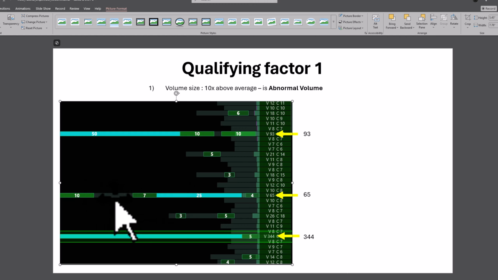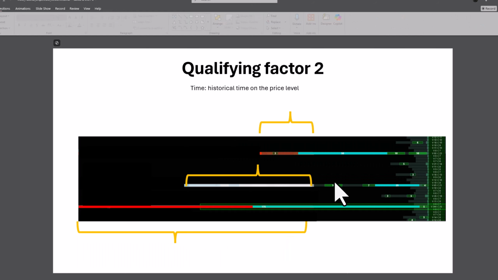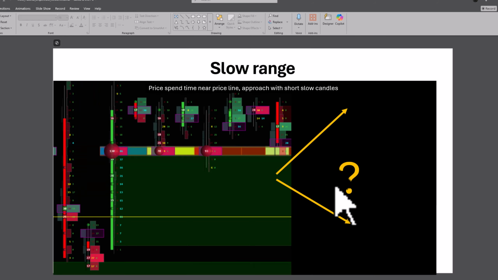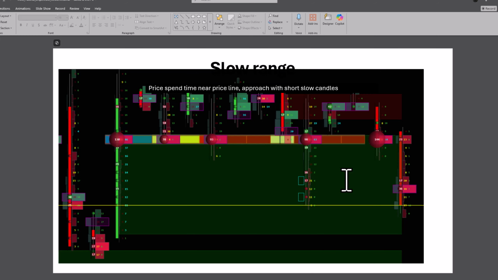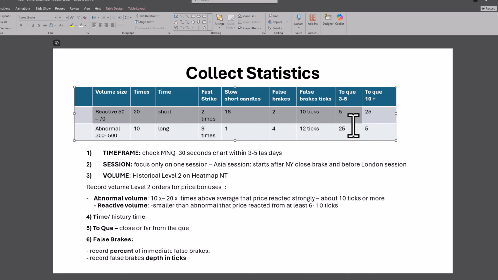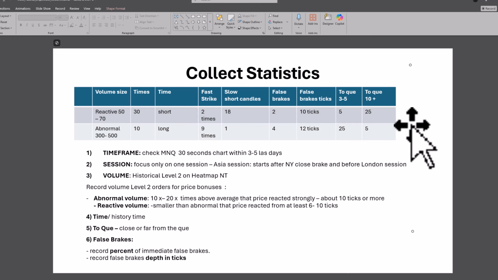This price level, 65, gives me more confidence because it's closer to the queue than this big one. So I hope I covered it a second time. When we do our homework, you will be more confident than me many times.